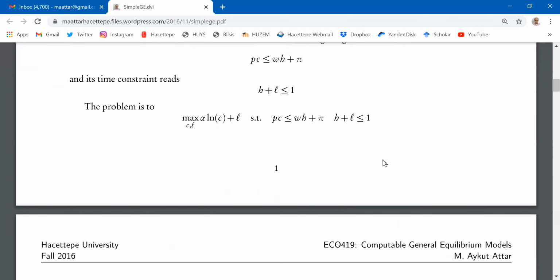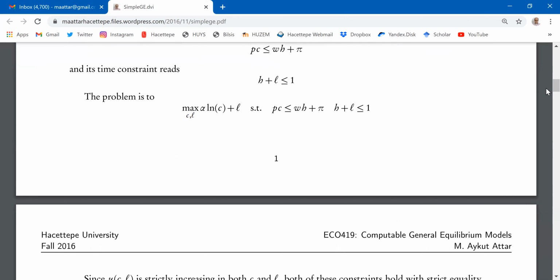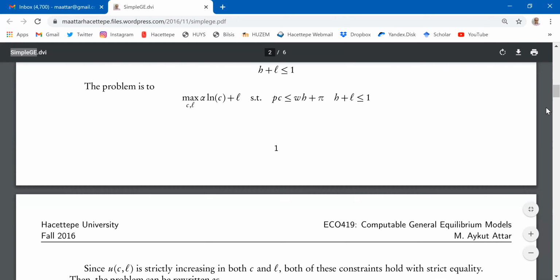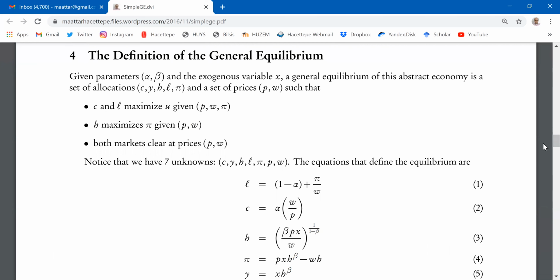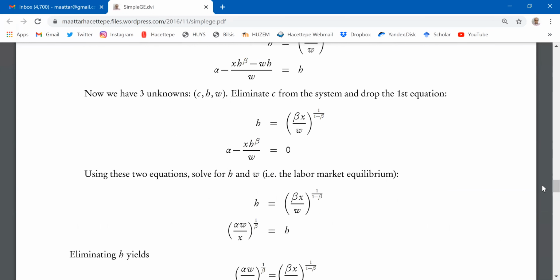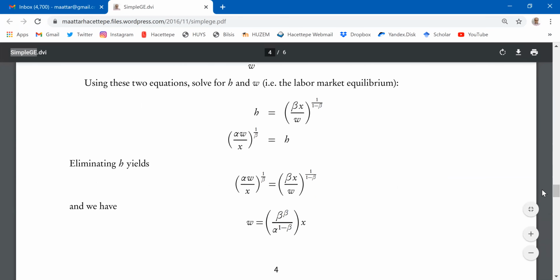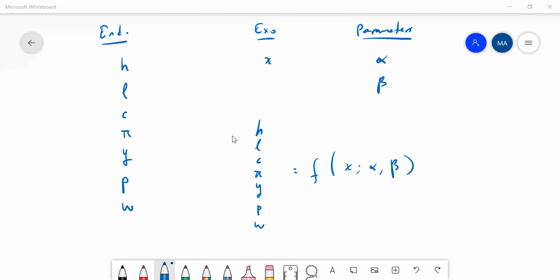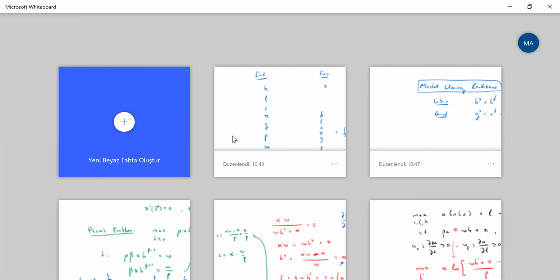You can imagine, let me now share my white screen again. So you can imagine the labor market.